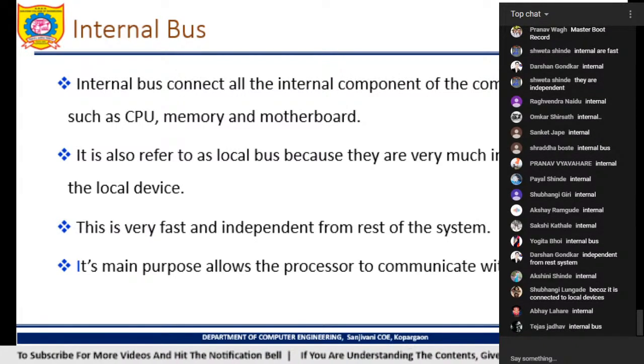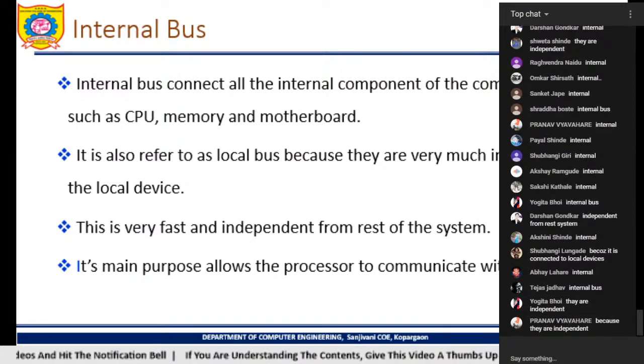Something more, something besides this. Leave this PPT, or whatever screen you are seeing, and give your instinctive answers. Pranav is saying because they are independent. All are writing the same things, independent, connecting local devices.